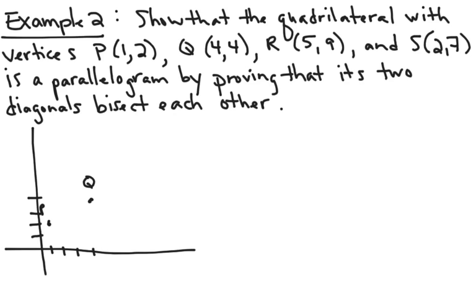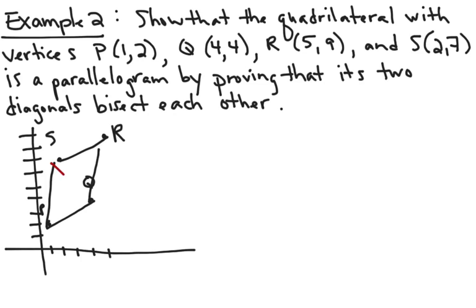Here's Q. R is at (5, 9). So here's R. And S is at (2, 7), which is going to be, yeah, it wasn't very good. Let's try that again. Maybe more like here. All right, there's my four-sided figure.